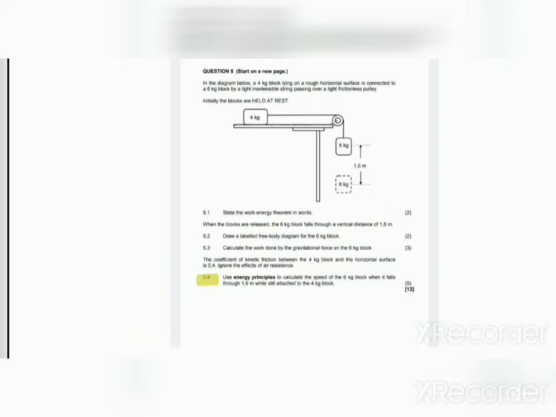So in 5.4, we are using energy principles. The work energy theorem states that your net work is equal to the change in kinetic energy. There are many ways that we can use this to calculate what we need about this block system. If we look at the 6 kilogram block, we identified two forces acting on it: gravity and the tension in the rope.